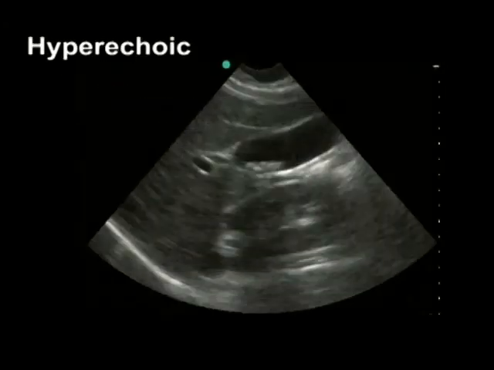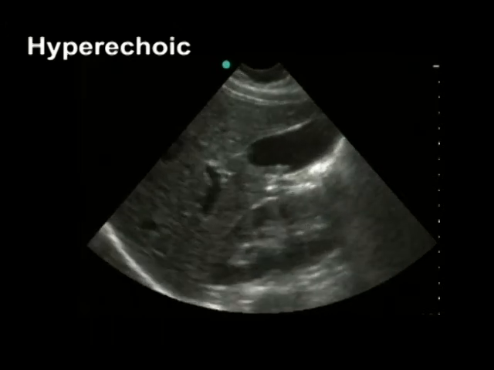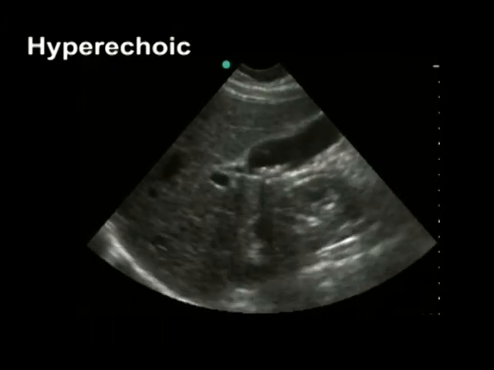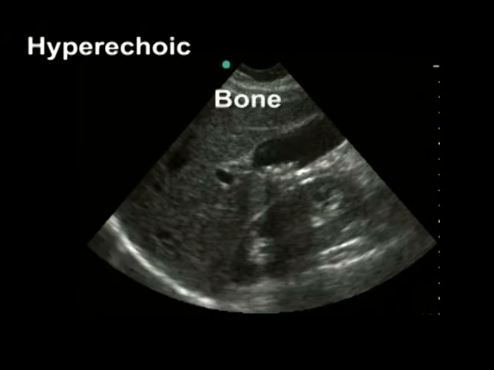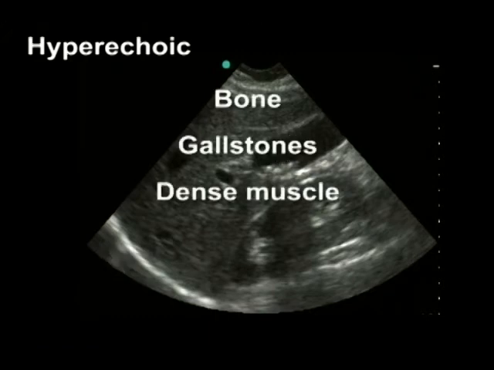A hyperechoic area will be one that produces many returning sound waves and will appear on the ultrasound monitor as white and brighter than surrounding areas. Examples of structures that will generally have a hyperechoic white appearance include dense or solid tissues such as bone, gallstones, or the muscle of the diaphragm.